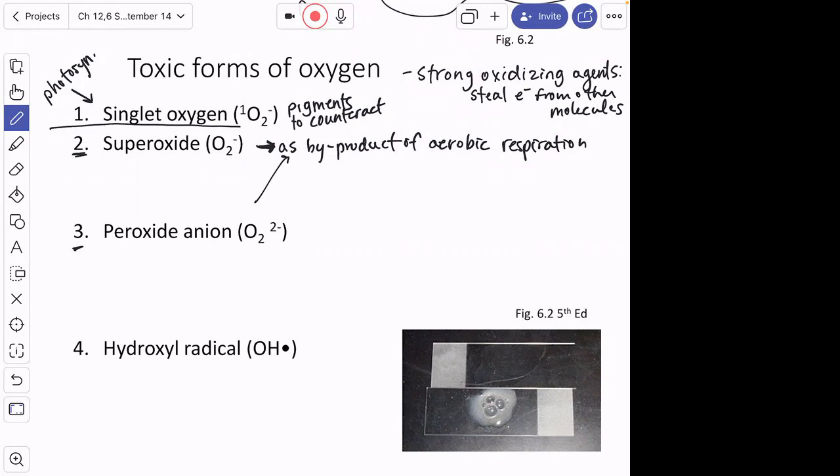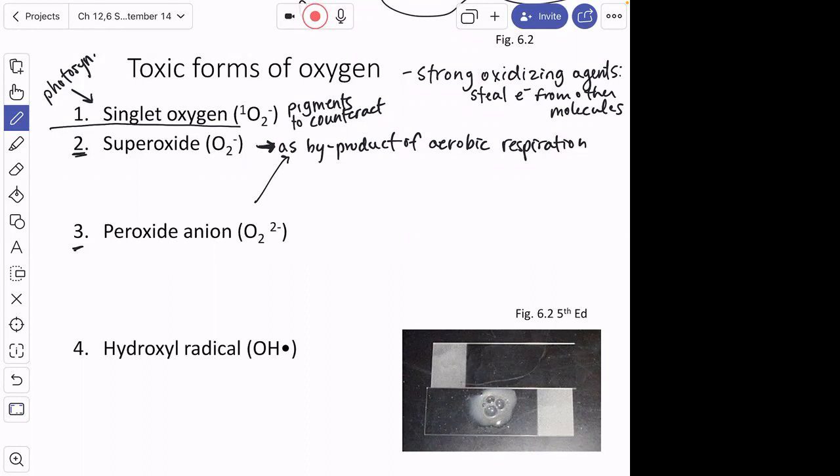So any organism that respires aerobically has to have a way to get rid of superoxide. And then, as we'll see, the peroxide anion is actually related to that. Any organism that doesn't respire aerobically may still be exposed to superoxide just from being around atmospheric oxygen.